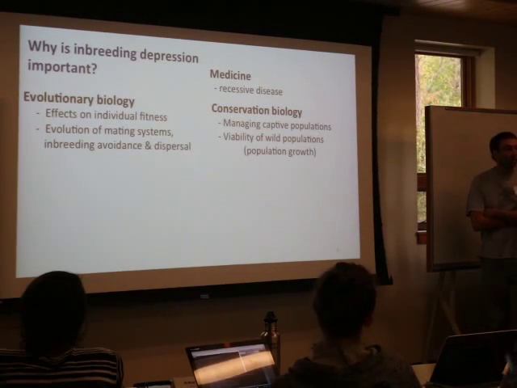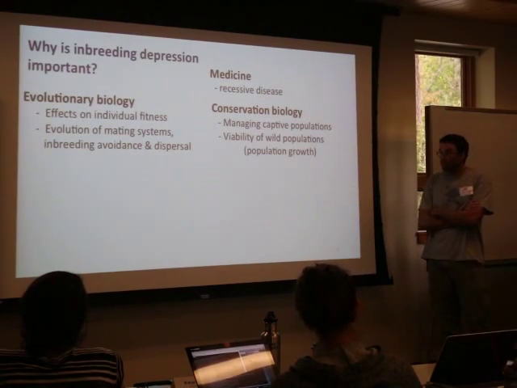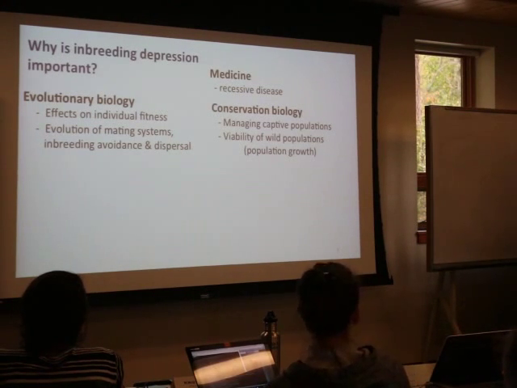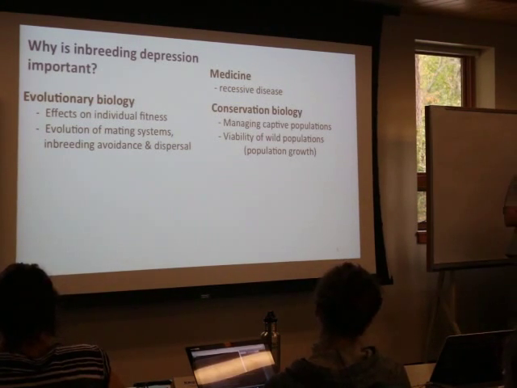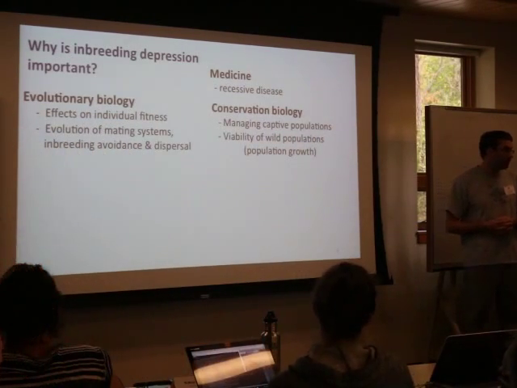In medicine, we care because we're interested in the basis of recessive diseases. And in conservation biology, we really care about inbreeding depression for the management of small captive populations, which tend to be very highly inbred, and also for quantifying and managing the viability of wild populations.